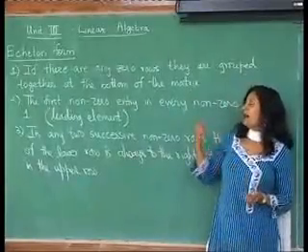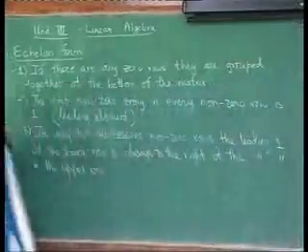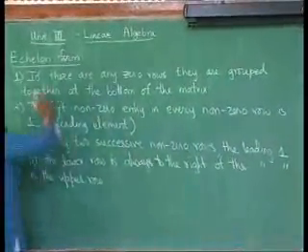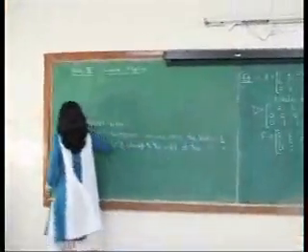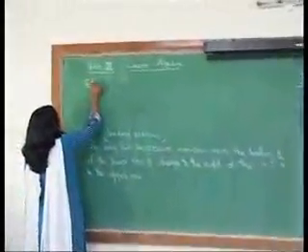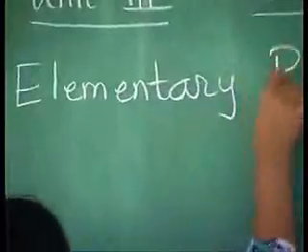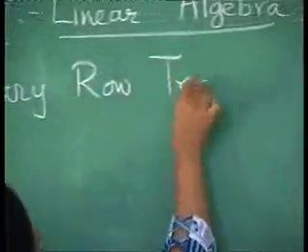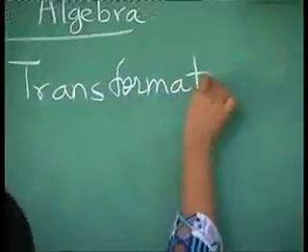To reduce a matrix to the echelon form, as I mentioned, we require elementary transformations. So let's quickly list them. What I am listing here are the elementary row transformations. Similarly, one can also perform elementary column transformations.